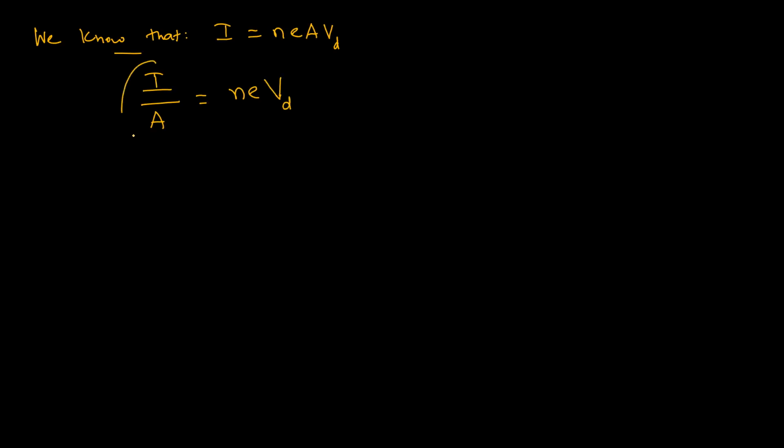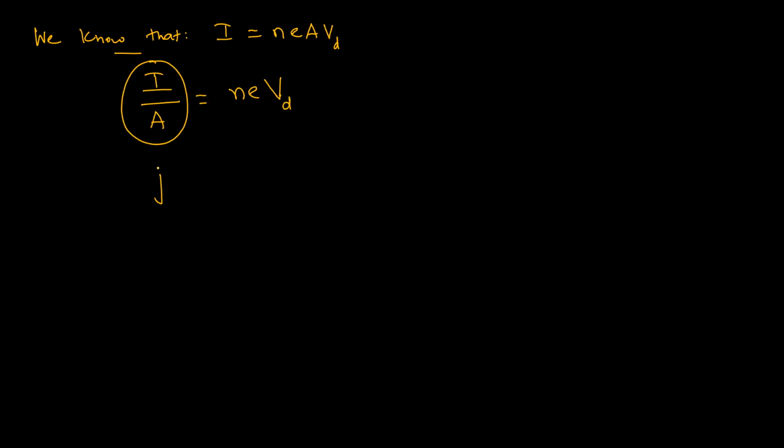So now we know that I is equal to N E A into V D. Right. So if I rearrange this equation by bringing A to the left hand side, if I make it I divided by A, then I get N E into V D. Then this I divided by A is given a name called J. Can you guess what the name would be?